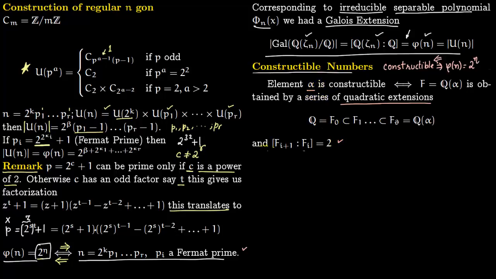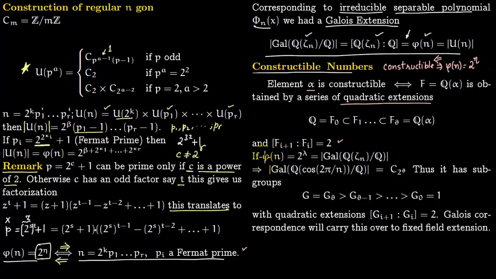So now say if this phi of n is 2 to the power of lambda, it is some power of 2, which is obviously now the order of our Galois group, and this would imply that the sub-extension of it, or subgroup of this, will also be a power of 2. So this is also a cyclic group of power 2. So since this is a cyclic group of power 2, it also has a series of subgroups.